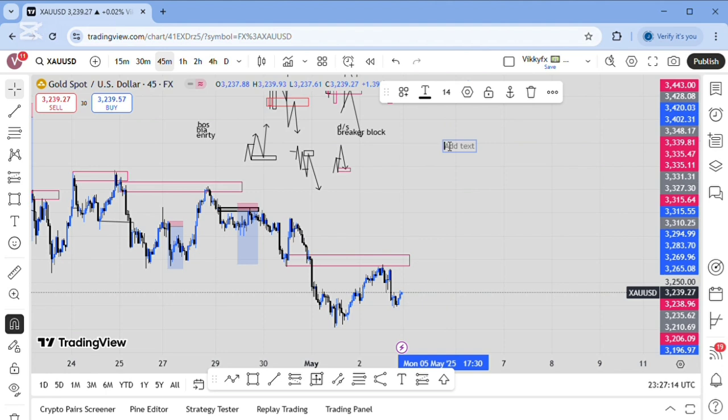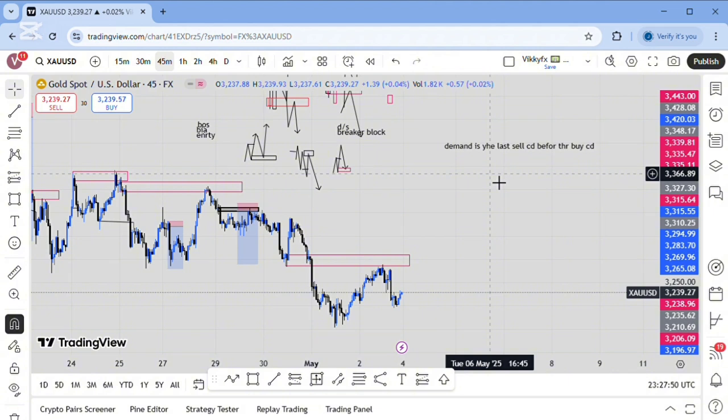Demand is the last sell candle before a buy candle. So the candle, right?